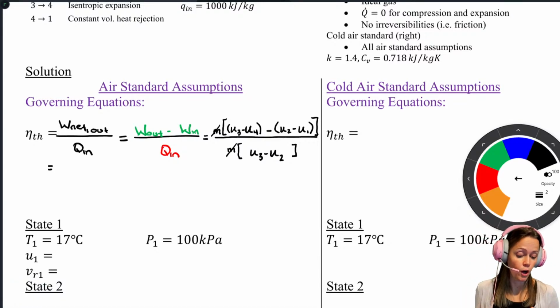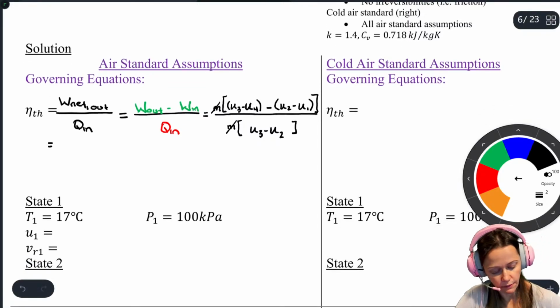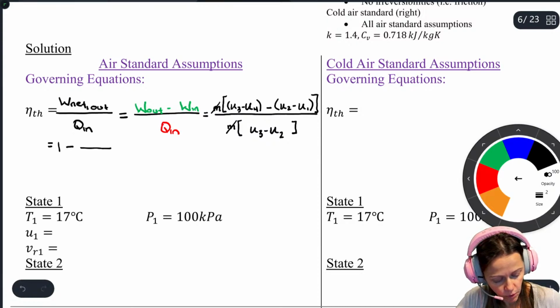So I know that for all of these things, I need to find the internal energy. And this is for air. I have another way of defining that thermal efficiency if I wanted to. So it's also equal to, as I just saw, 1 minus Q out over Q in.